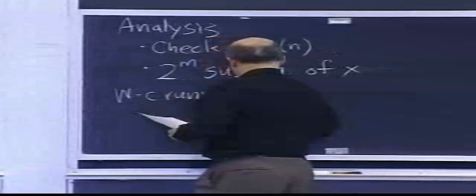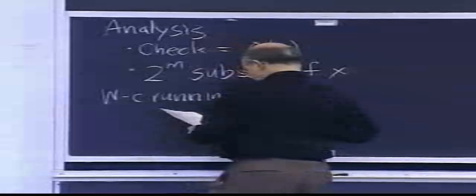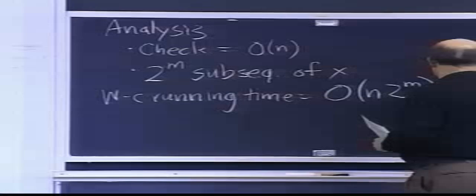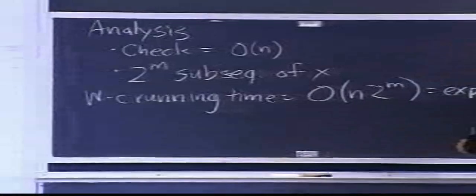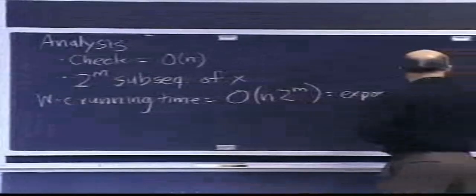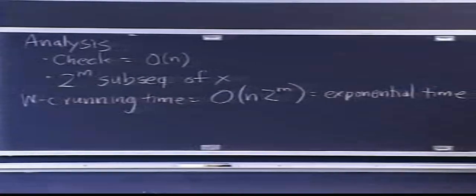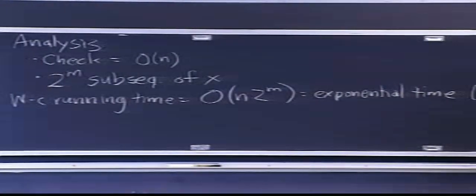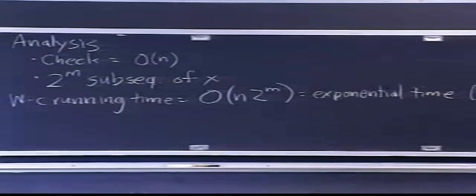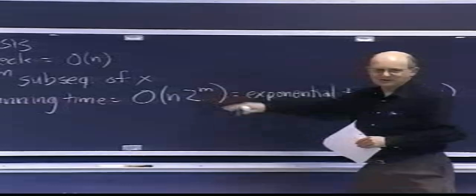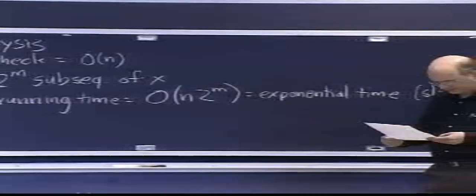Okay, so the worst case running time is order n times 2 to the m, which is exponential time. Which is a technical way of saying that it's slow. Exponentials are a very slow algorithm.